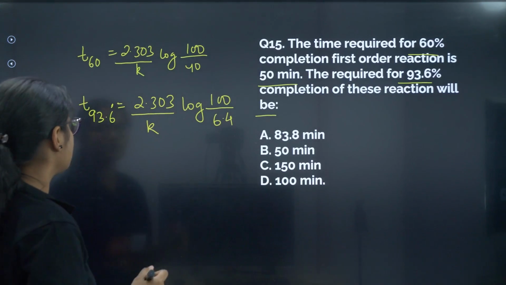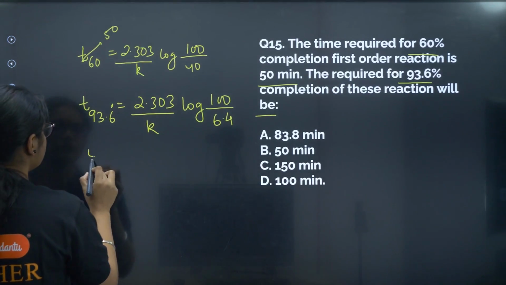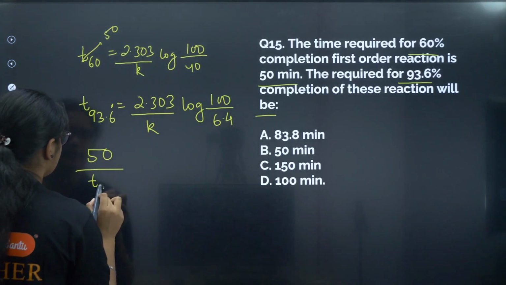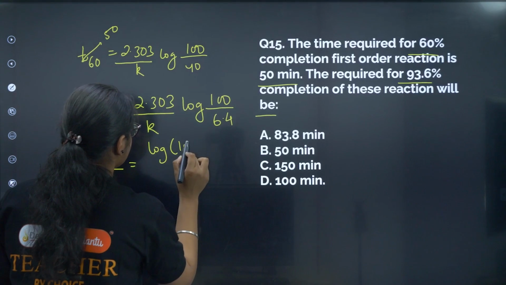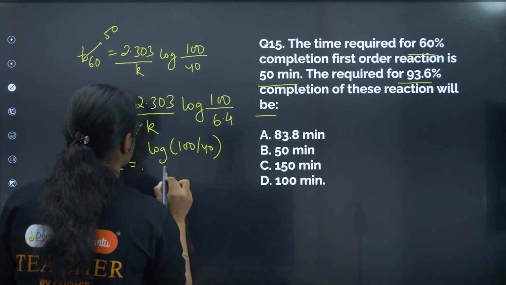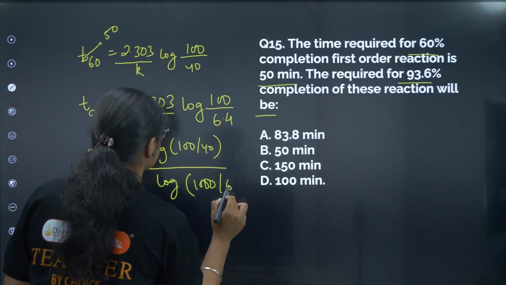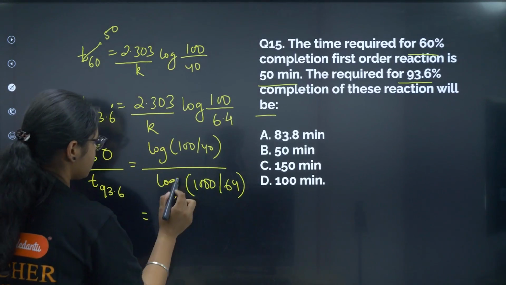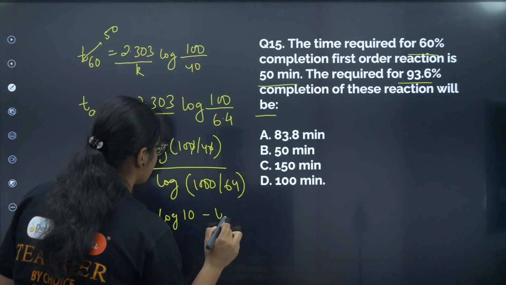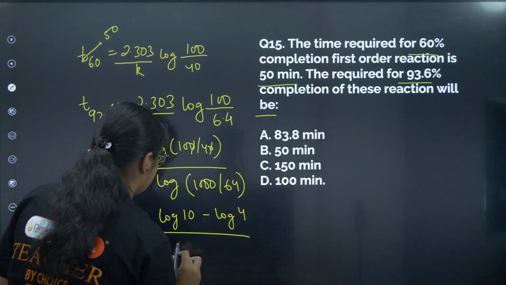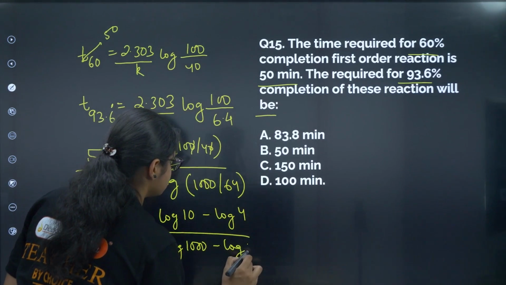Now, this T60 is given to you as 50 minutes. Take the ratio of both. So I can write 50 by T93.6 is equal to log of 100 by 40 divided by log of 1000 by 64. How can you solve this part? Log of 10 minus log of 4, whole divided by log of 1000 minus log of 64.